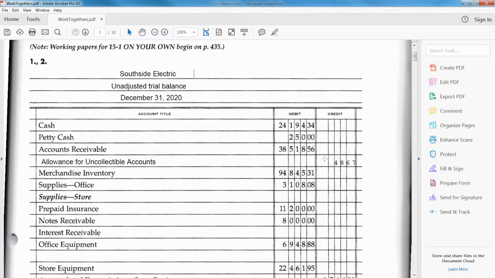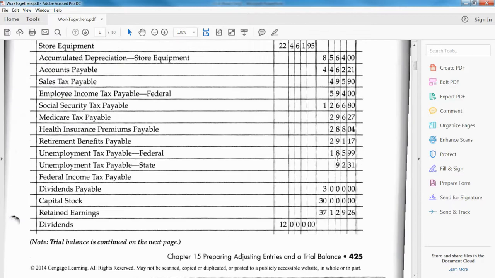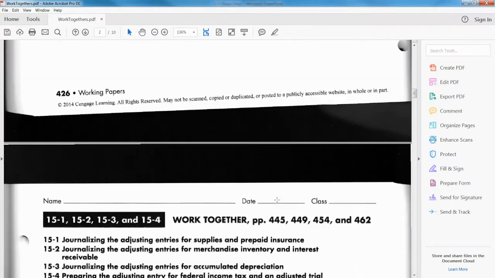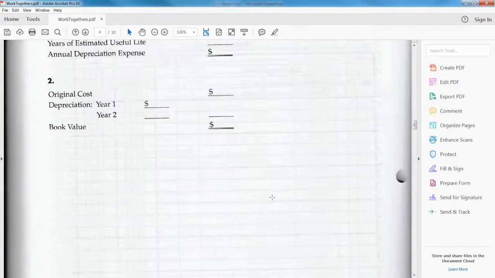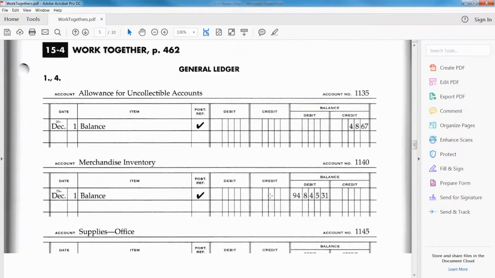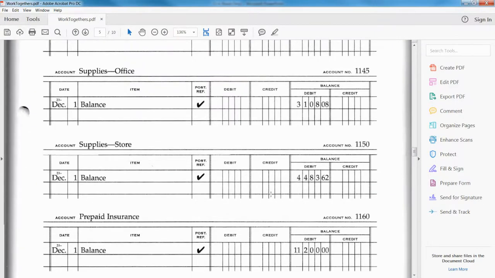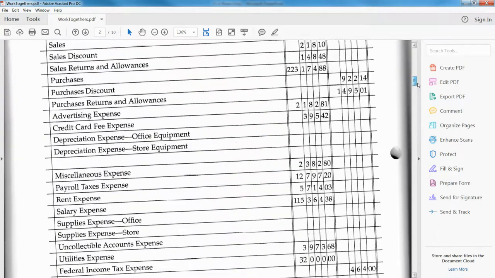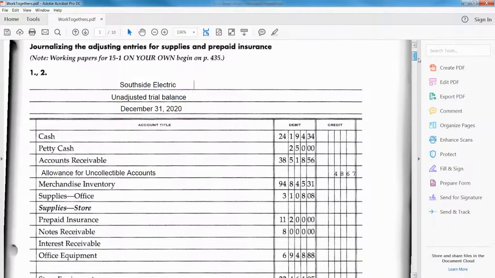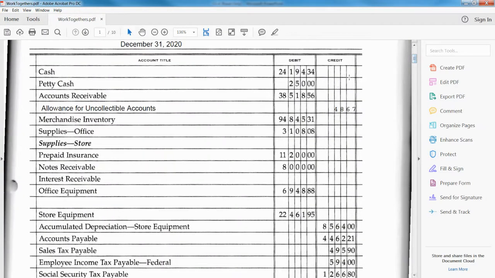And then it wants us to go to supplies store. So again, you have to turn to the general ledger accounts. And here is supplies store, and it has a balance of $4,483.62. So we go back to our unadjusted trial balance. They already wrote in supplies store for us.